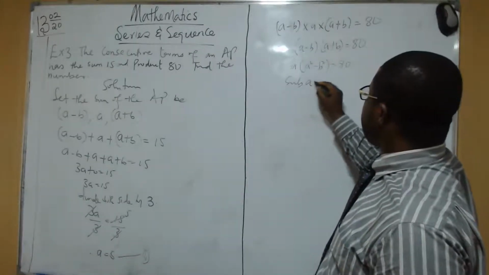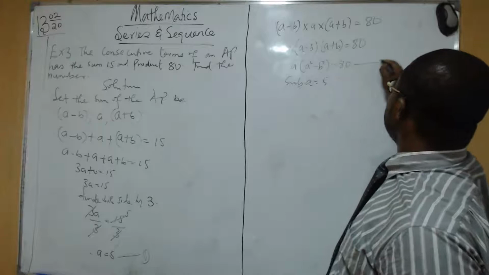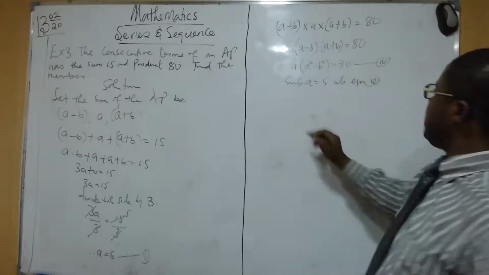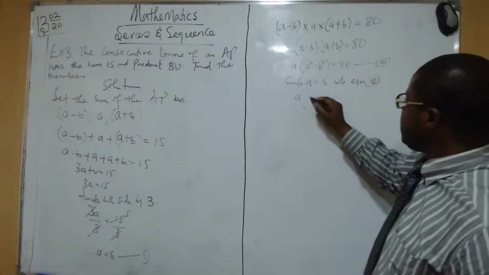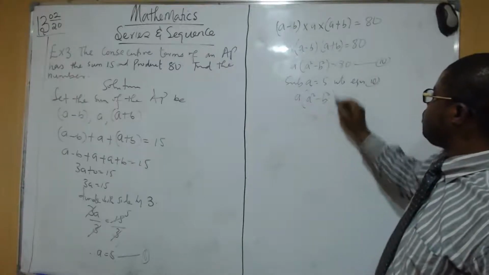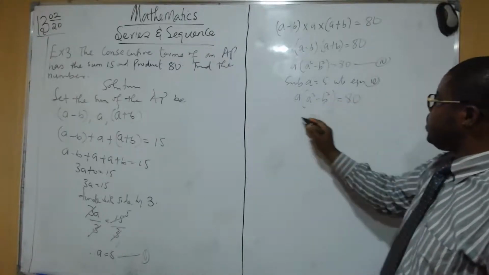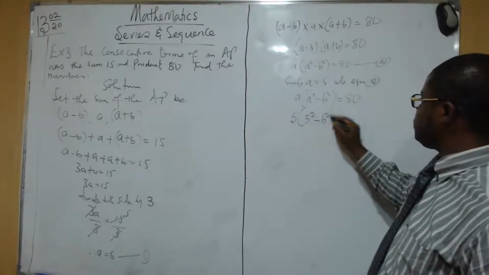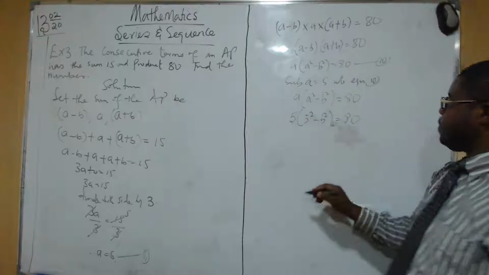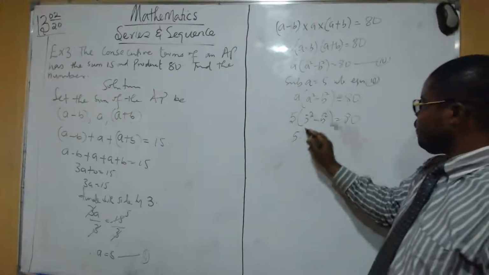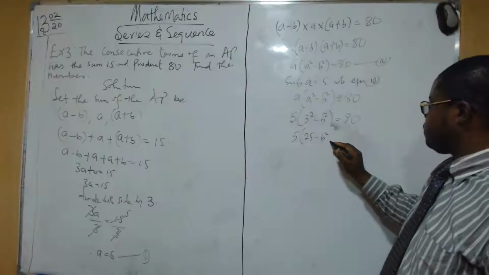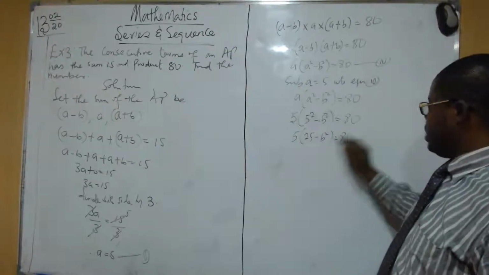the last thing, substitute a equals 5 into equation 2. Equation 2 is a into bracket a squared minus b squared equals 80. So you have 5 into bracket 5 squared minus b squared equals 80.